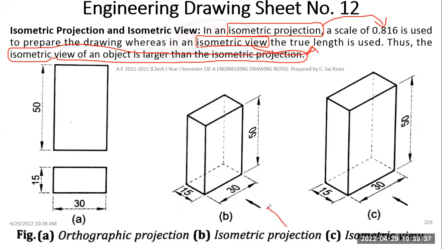If I'm making an isometric projection, I have to multiply 30 into 0.815, 50 into 0.815, and the other dimension also into 0.815. But you shouldn't write that you reduced the length by 0.815. Just write the term isometric projection, and therefore we can understand that the length has been reduced by 0.815.